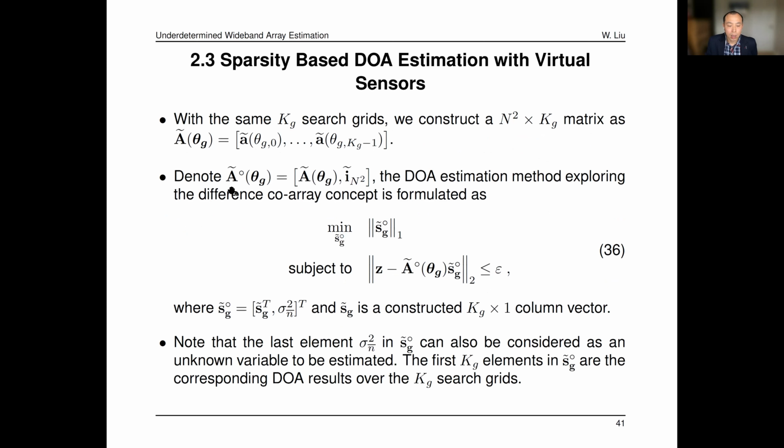Then we add the noise part, and you have this single snapshot formulation. Here you do the optimization, and you can find the first KG elements of this vector with the corresponding DOA results.